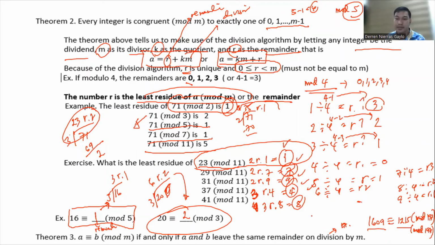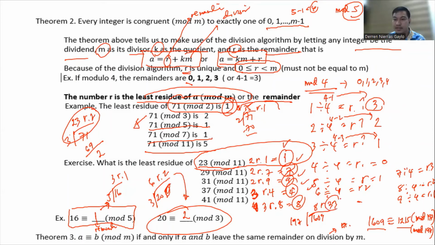If you have 1609 divided by 197, that is 8. 197 times 8 equals 1576, and 1609 minus 1576, the remainder is 33.